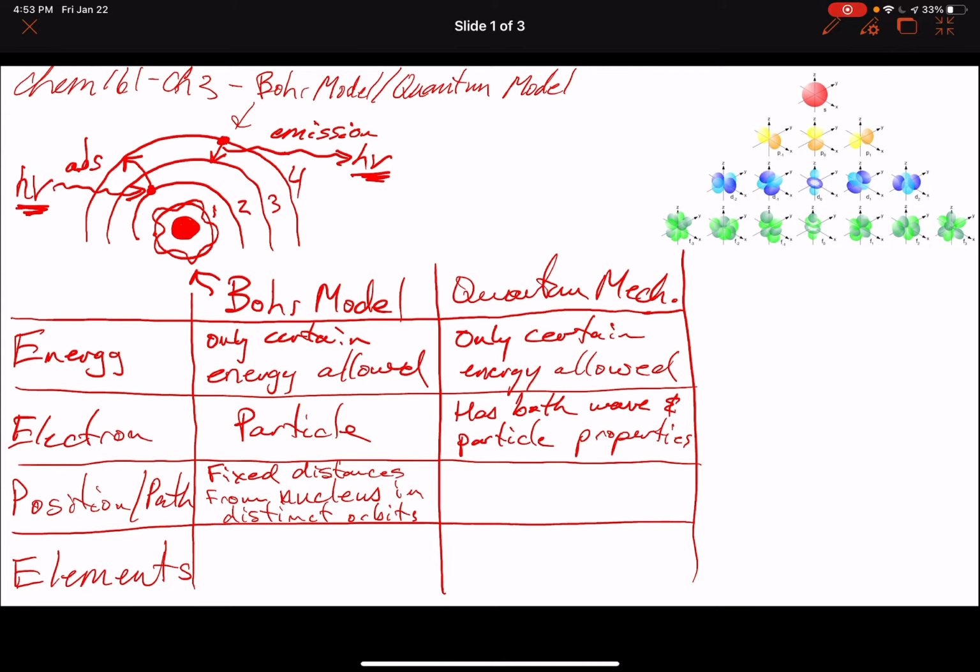In the quantum mechanical model, we have the idea that there is no definite position and only probabilities.